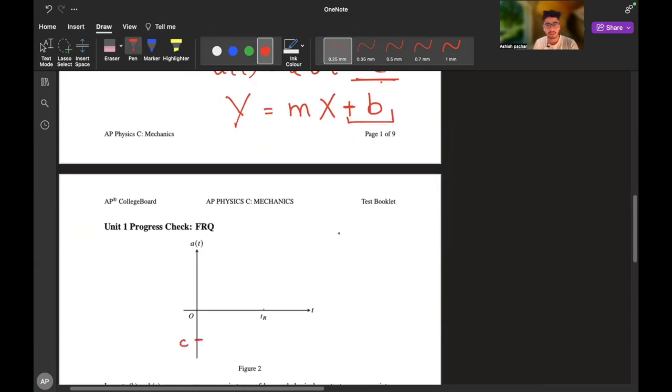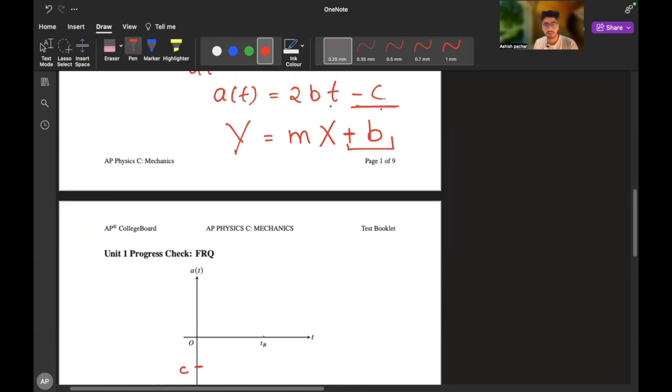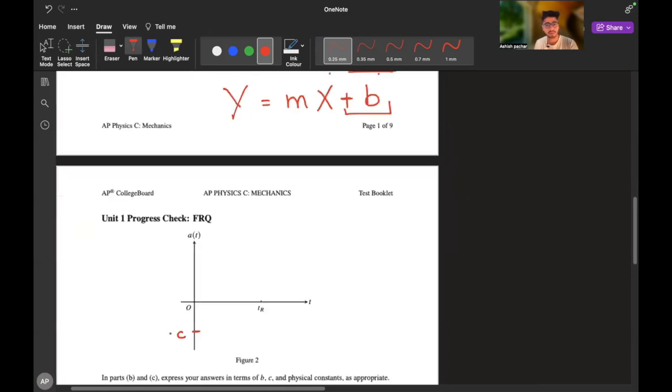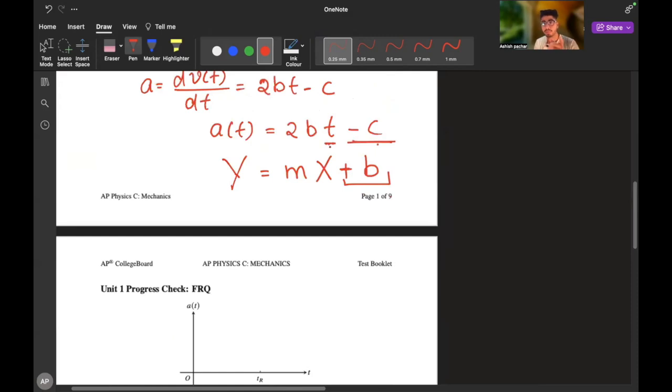When the time is zero, the value comes out to be minus c on the graph. That is, at t equal to zero the acceleration is minus c, the y-intercept that we have.